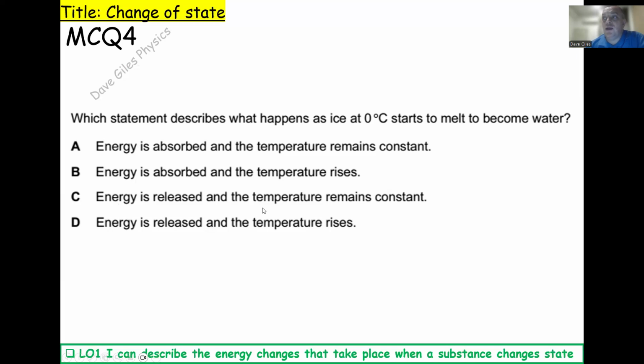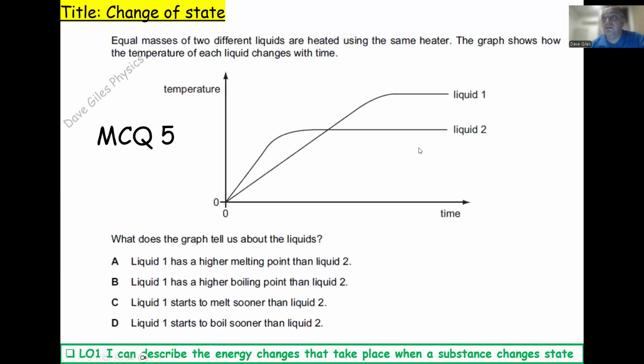Energy is released and the temperature remains constant. Well, the second bit is right, but energy is not released, energy is absorbed. B has energy being absorbed, but the temperature rising, so it's not that. Therefore, it's A. Energy is absorbed and the temperature remains constant. So the answer is A.